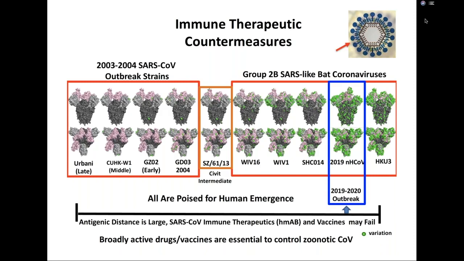SHC014 has about 10%, followed by SARS-2, which has extensive variation across both the surface exposed top of the glycoprotein and the RBD and the NTD domains, as well as in the conserved stock regions. And so the big question, of course, is as you move across this antigenic variation landscape, what's the impact on immune therapeutics and vaccines? Next slide.